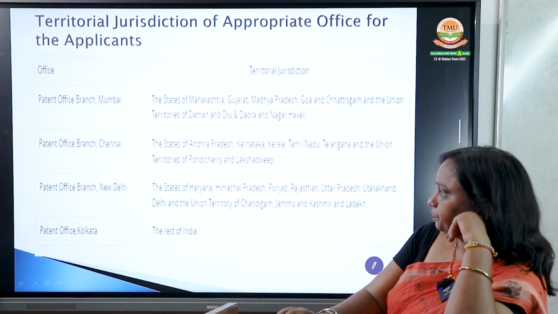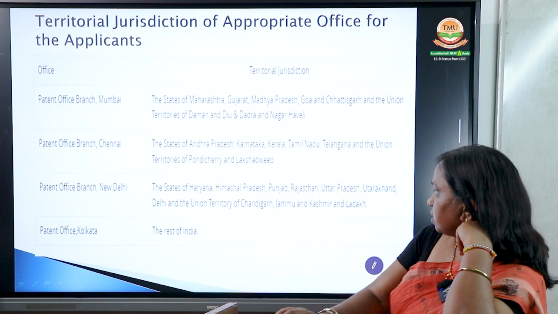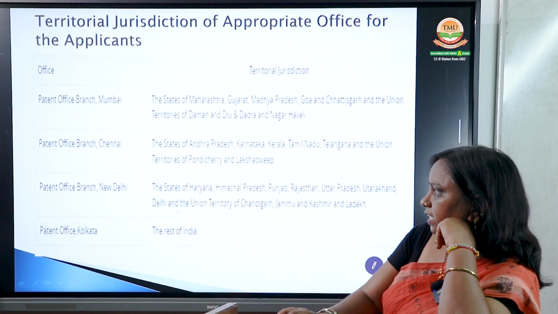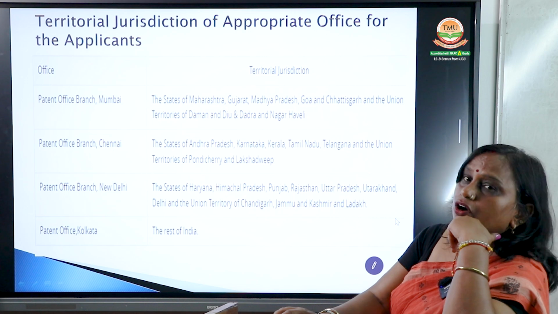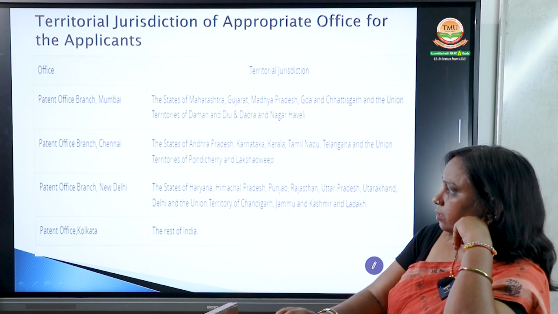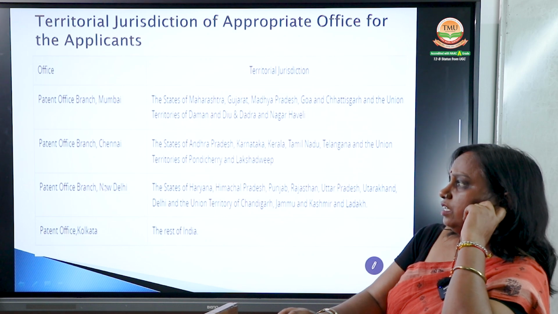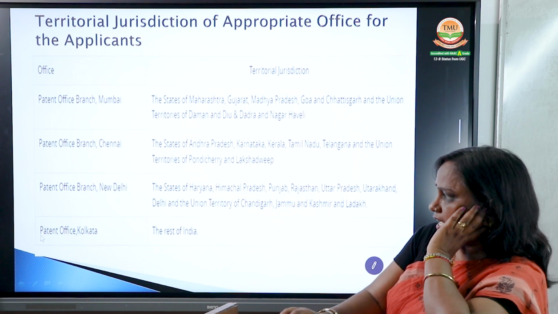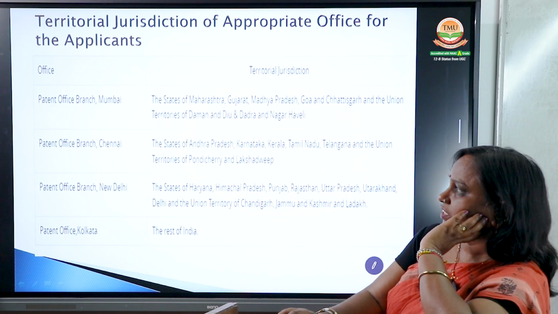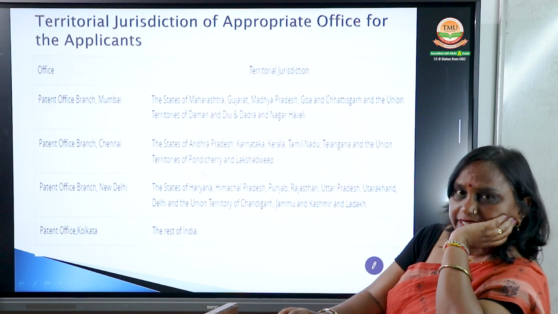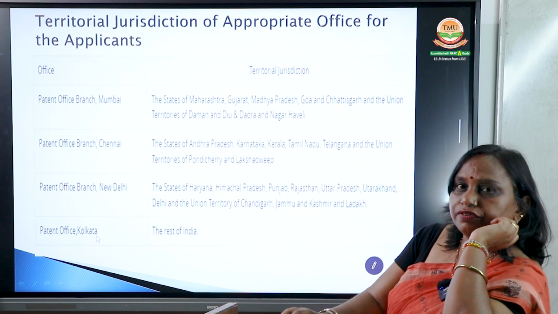And New Delhi: the states of Haryana, Himachal Pradesh, Punjab, Rajasthan, Uttar Pradesh, Uttarakhand, Delhi and the Union Territory of Chandigarh and Jammu and Kashmir, Ladakh. All these states have to make the application under the New Delhi jurisdiction, and the rest of the states which are not mentioned in any of these categories have to apply to the jurisdiction of Calcutta.